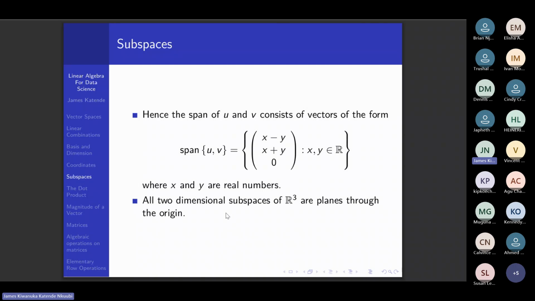In general, when working with R2, we saw that all one-dimensional subspaces are simply lines through the origin. When you come to R3, we also can observe that any two-dimensional subspace of R3 will be a plane that goes through the origin. So any subspace must contain the origin, or the zero vector.